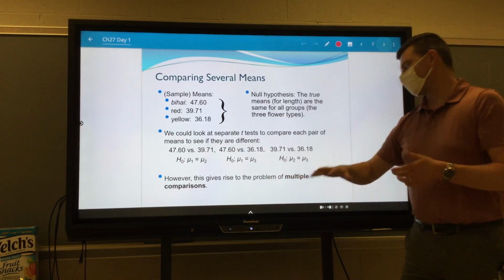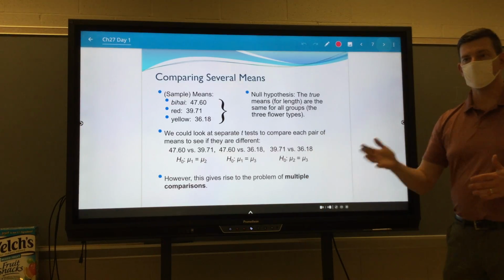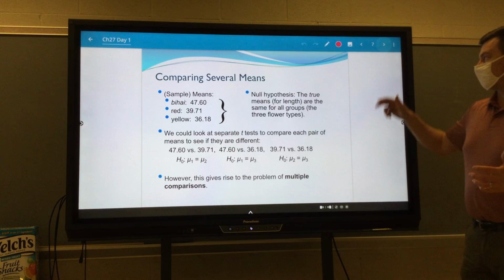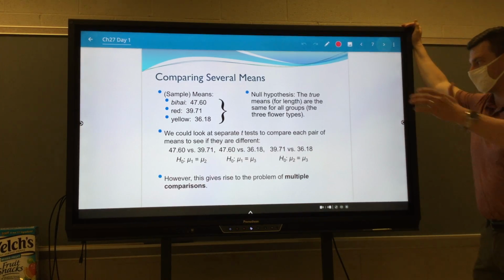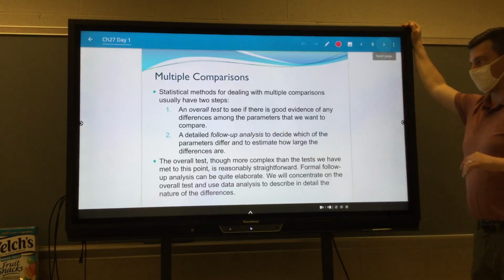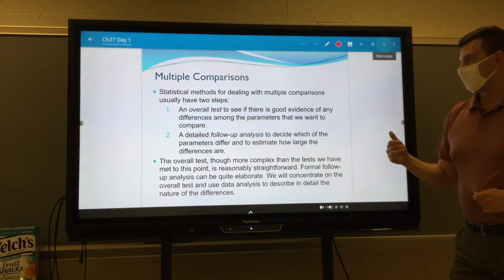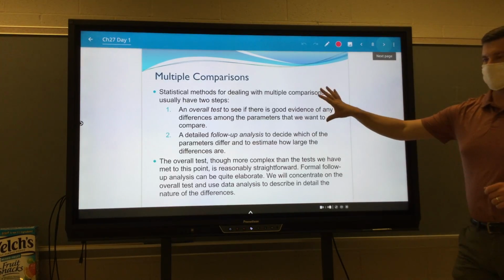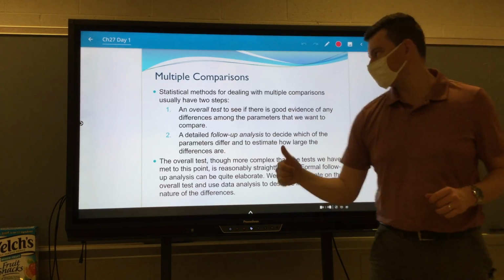And this gives rise to the problem of multiple comparisons. We saw this problem with chi-square. The only difference is with chi-square, we were looking at categorical data and proportions. Here we're looking at quantitative data and means.